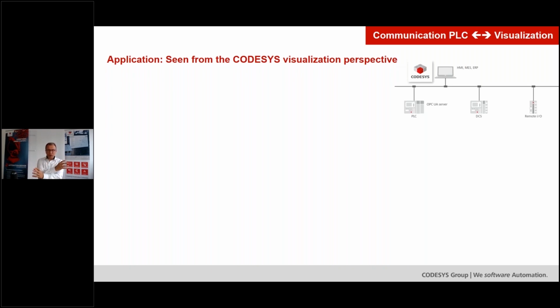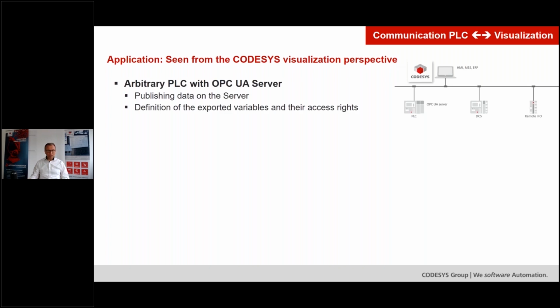Now let's change the view. We're now changing from the PLC side to the visualization side, because you know that CODESYS as well offers a very convenient visualization software. What is necessary? We need, of course, any OPC UA server running on a PLC, which publishes data.